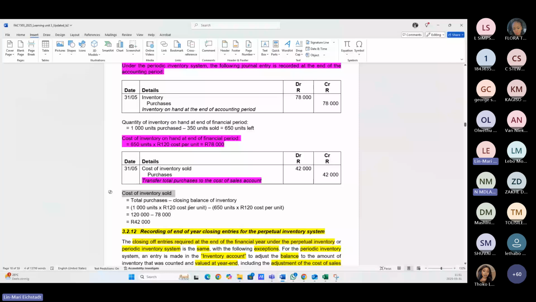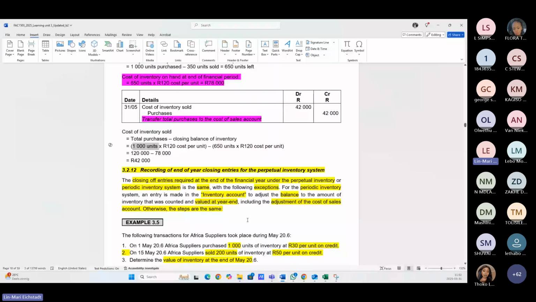I get what you're saying. It's a little bit confusing to understand how the two work together. But if you do have the cost price per unit and you've got the number of units, then this is how you would work out your cost of inventory sold, if that makes sense. Okay, no, that's fine.